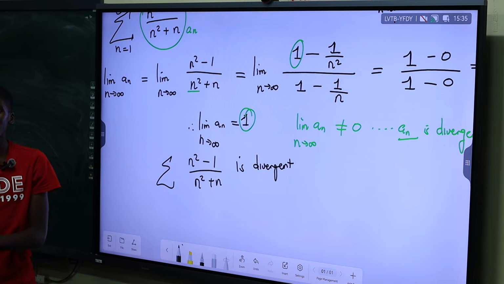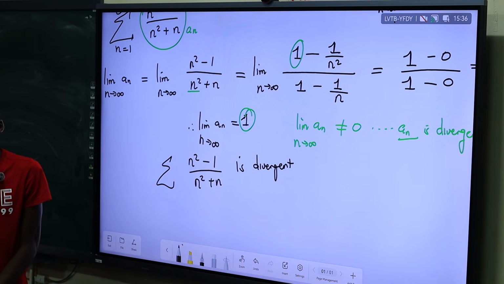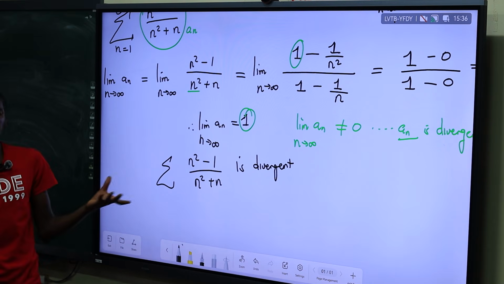If you get 0, what does it mean? It means not divergent. Not divergent. It doesn't necessarily mean it's convergent. That's why we call it a test for divergence.